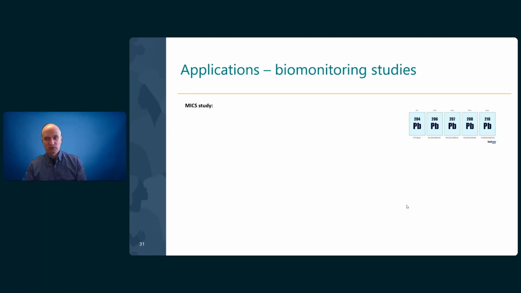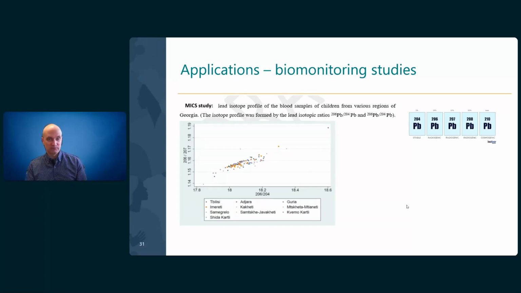The study also performed some isotope ratio measurements for lead, so LIR measurements. As we know, lead has some isotopes that are very stable in nature, but also radiogenic and cosmogenic. So we can use it to establish the profile of lead and compare it to different references.